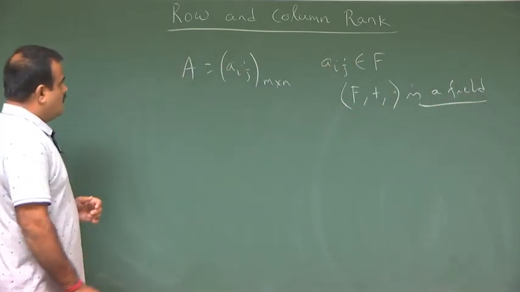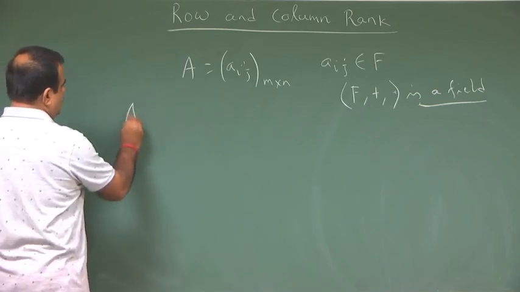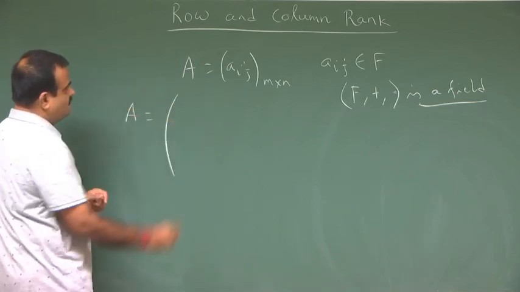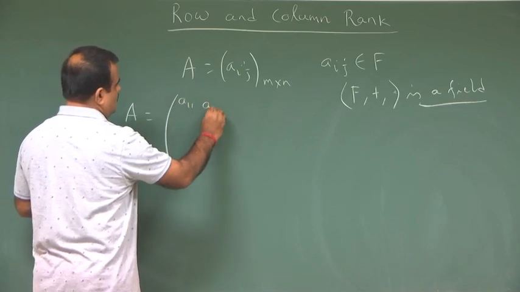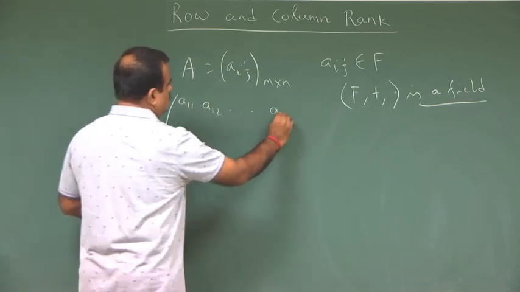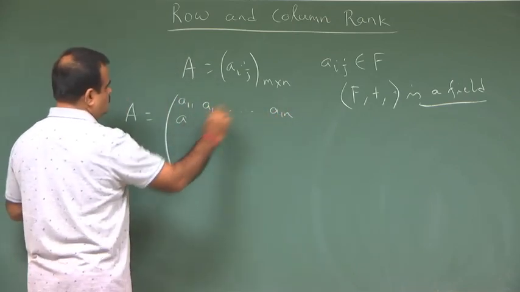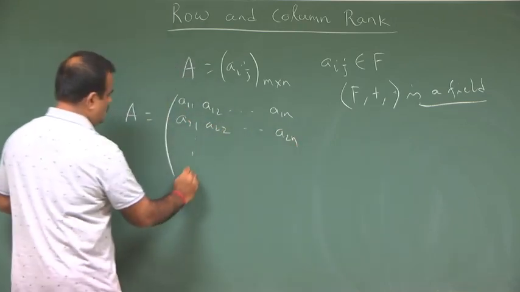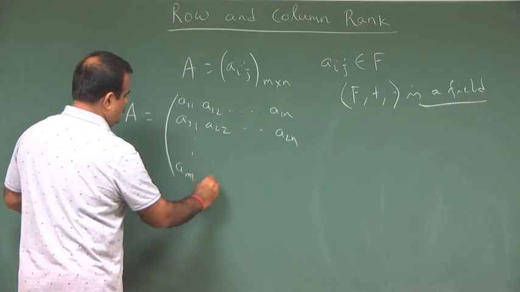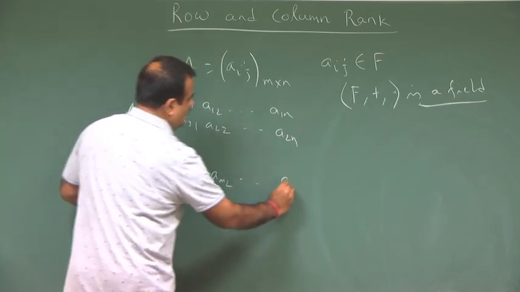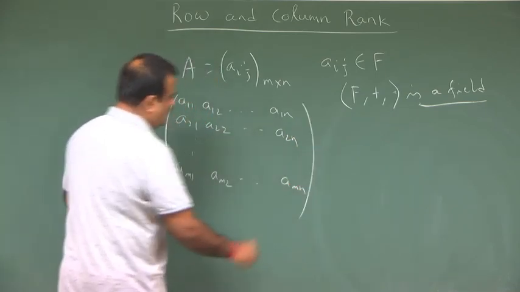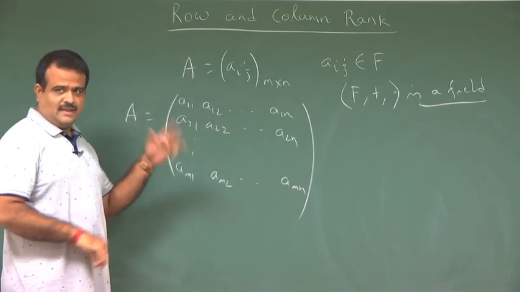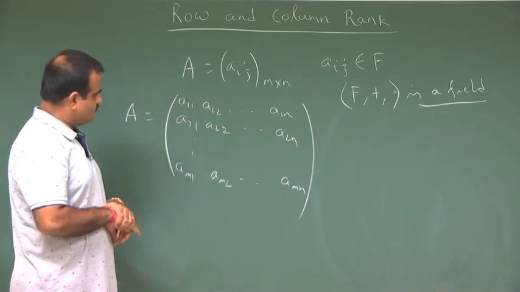So A is an m by n matrix, so it has m rows. This is the first row, A 2 2, and so on, down to A m 1, A m 2, A m n. This is the m by n matrix where the elements are coming from the field.